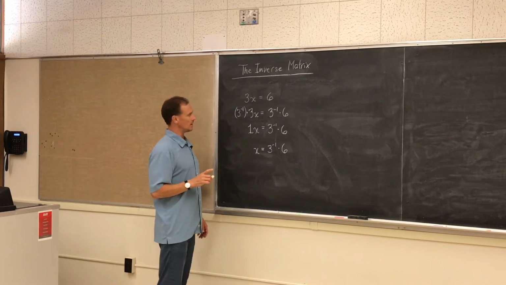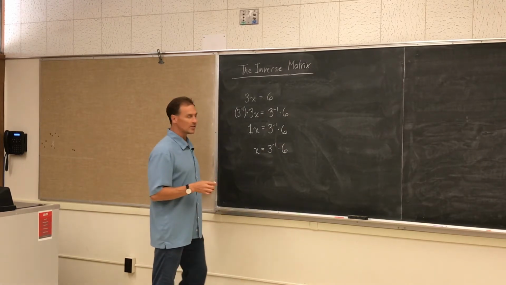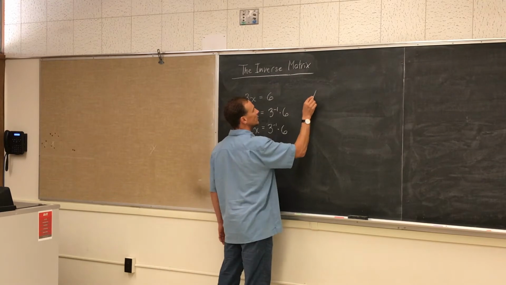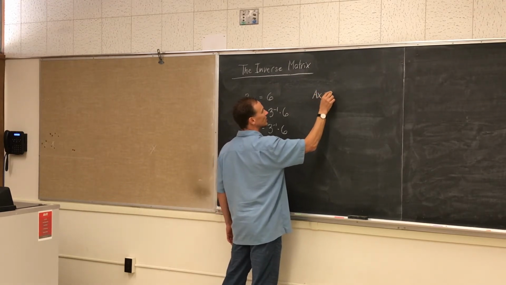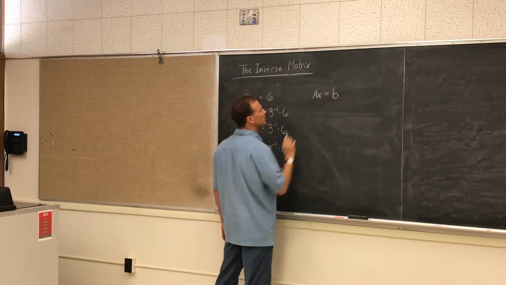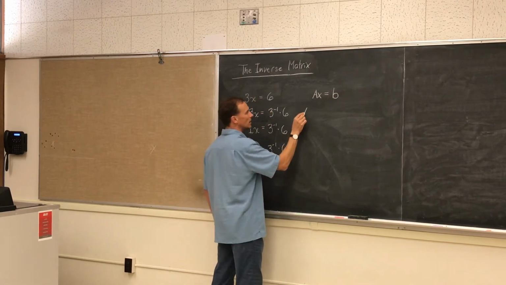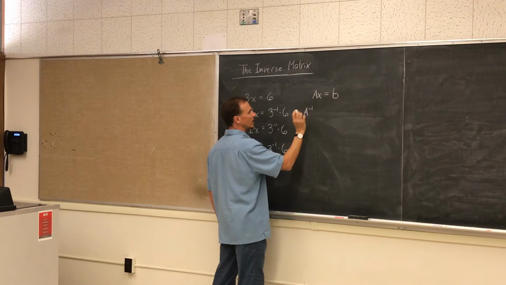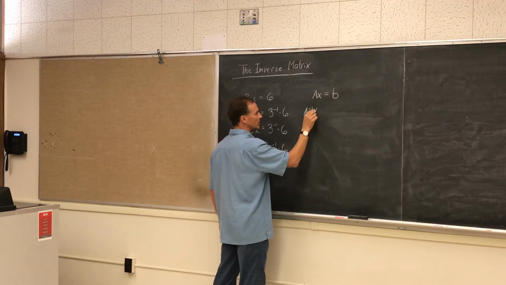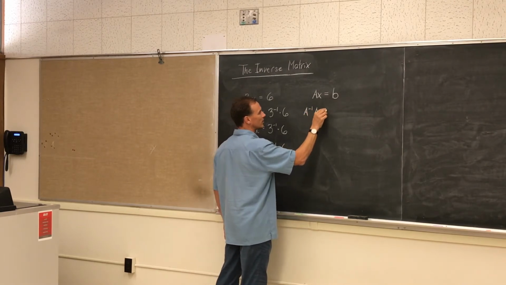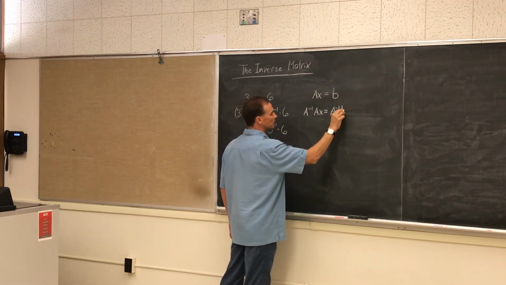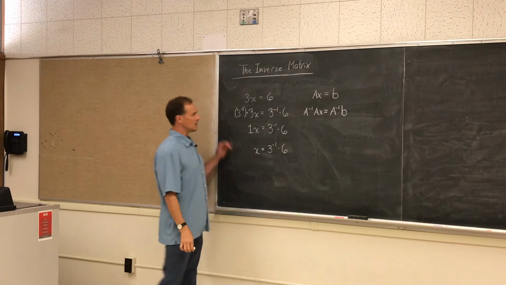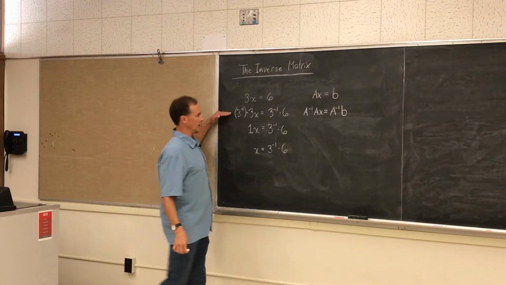And in matrices, it works the same idea. You start with this problem that some matrix times a vector equals a number. Well, if you multiply this, A inverse times AX equals A inverse times B, exact same set of steps.